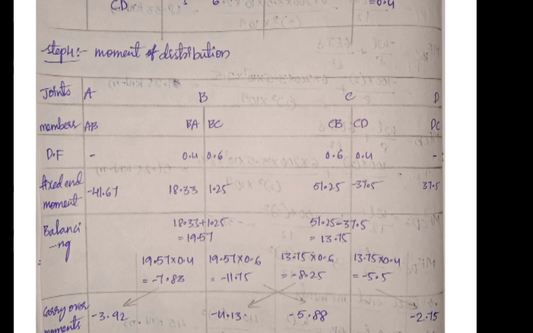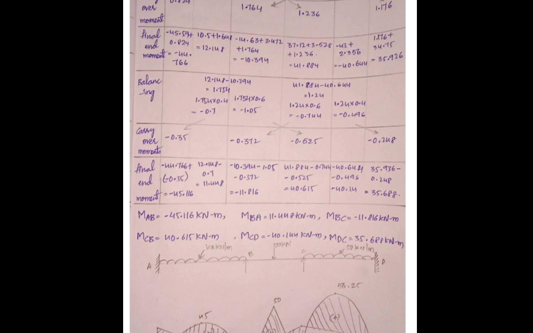So after a few iterations, we got the final end moment values. MAB equal to minus 45.116 kN meter, MBA 11.44, MBC minus 7.816, MCB 40.6, MCD minus 40.14, MDC 35.68 kN meter.